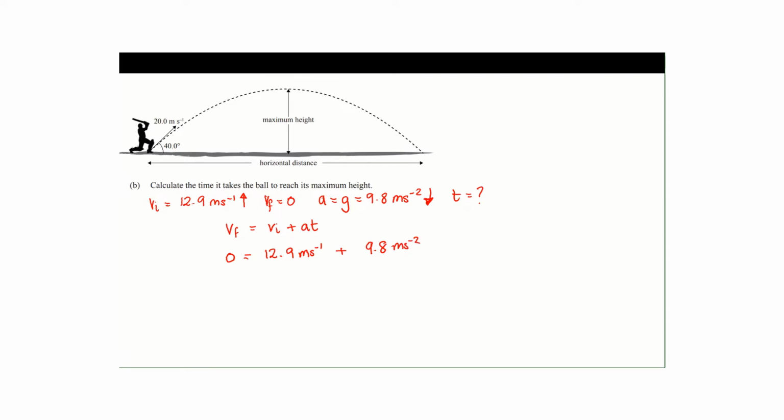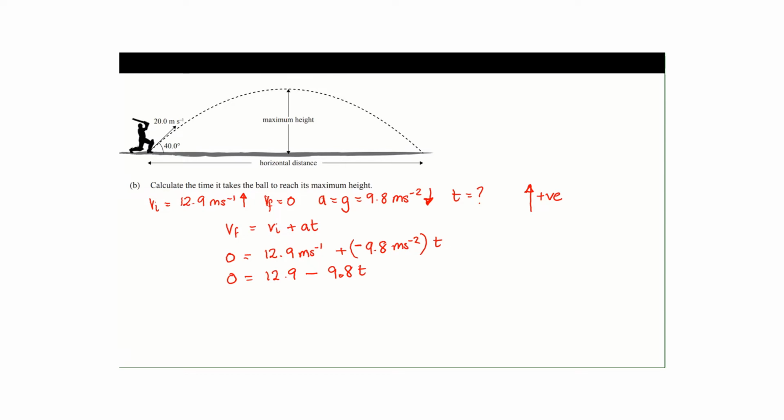But this was downwards, so we need to remember that if we're assuming up is positive, this will be a negative. And then we'll multiply that by t. So we've got 0 equals 12.9 minus 9.8t.